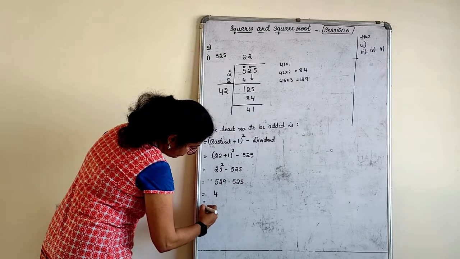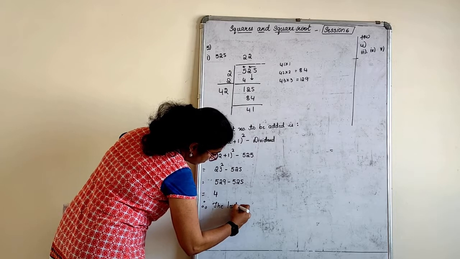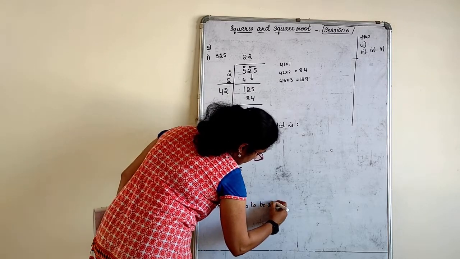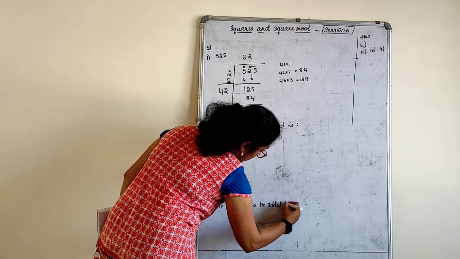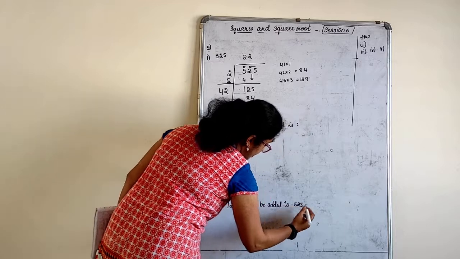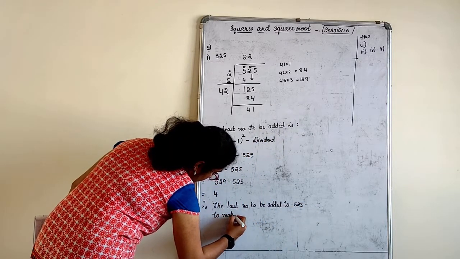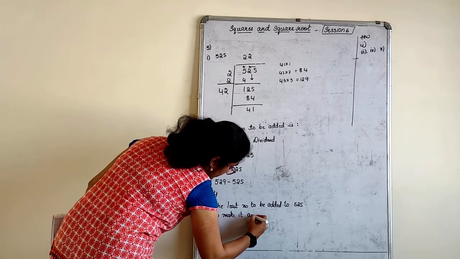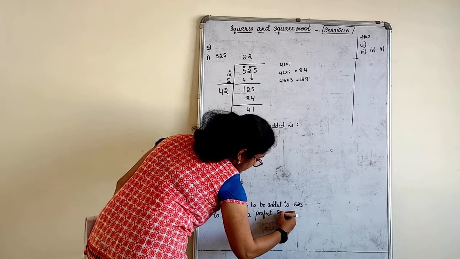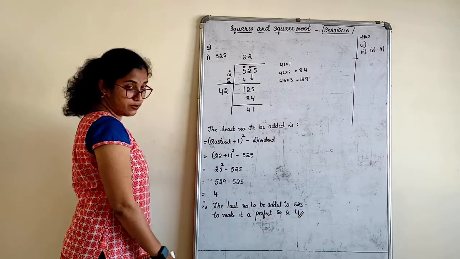Therefore, the least number to be added to 525 to make it a perfect square is 4. Understood what we did here?